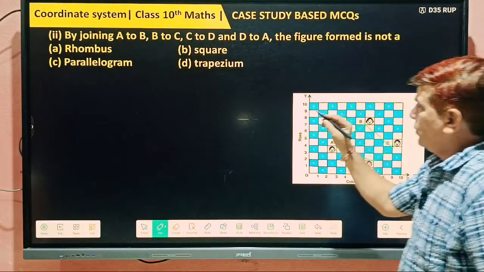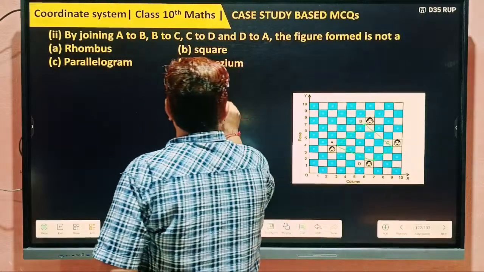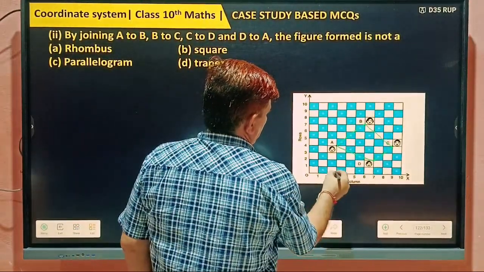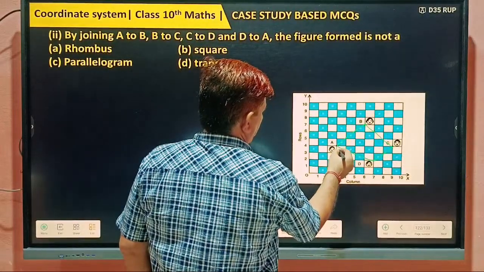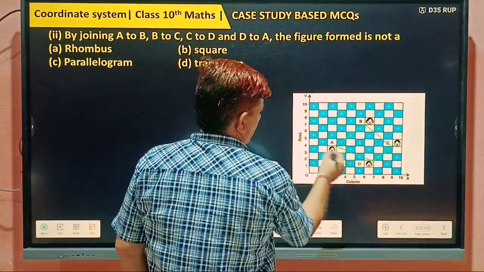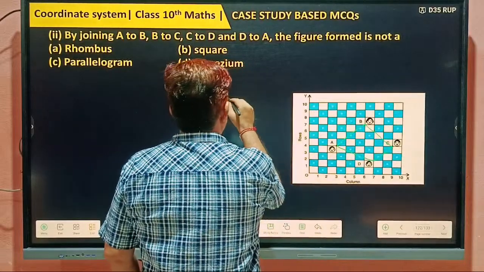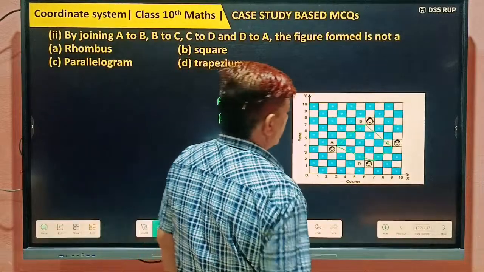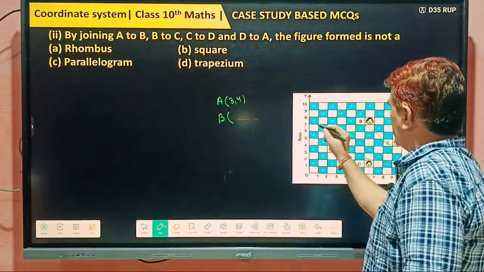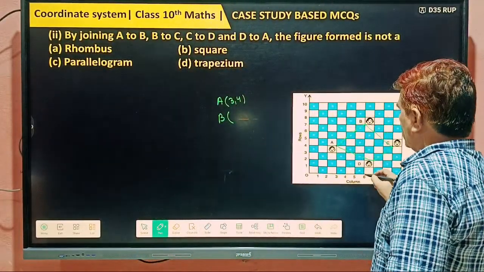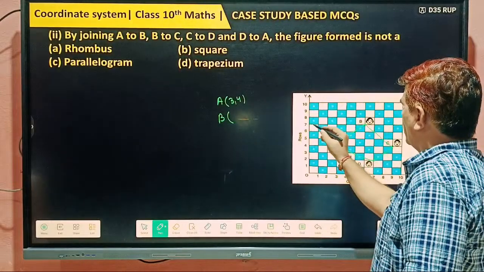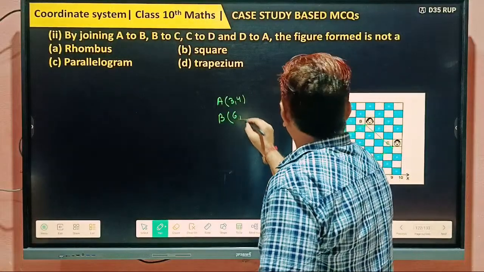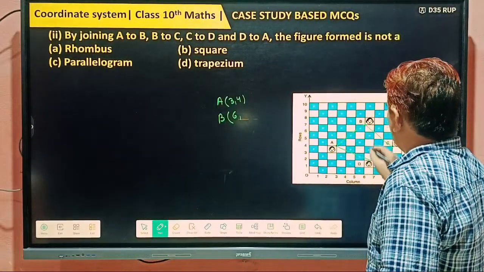So first we will write the coordinates of point A. Distance from the y-axis 3 and 4. Coordinates of B, B is here. Distance from the y-axis, how many units? 6. And distance from the x-axis, 7.